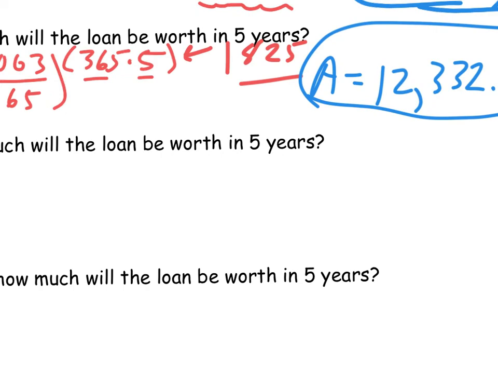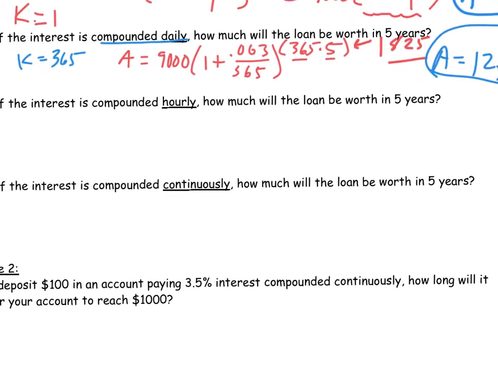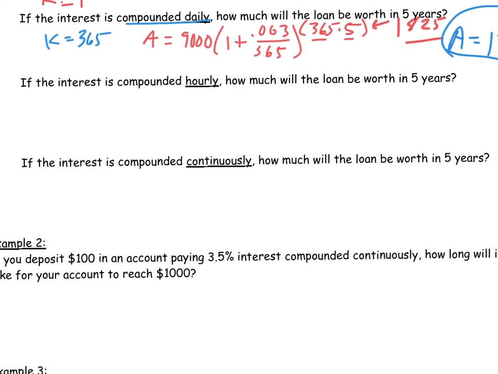Now the next one, it's going to be compounded hourly. So a couple things going on here. What is K going to be then? Well, it's compounded hourly. That's 24 times in a day, and there's 365 days in a year. So K is going to be 365 times 24, whatever that is.